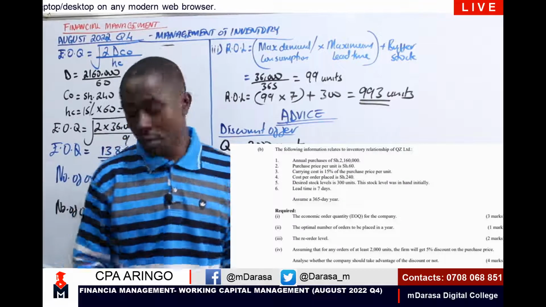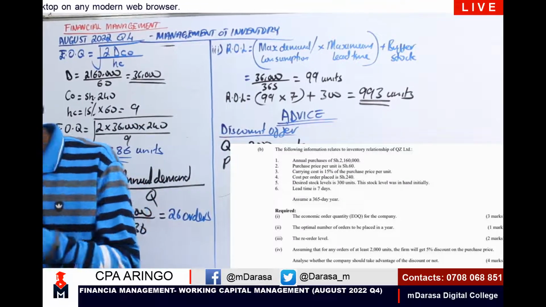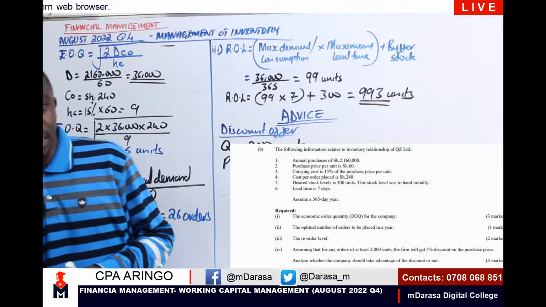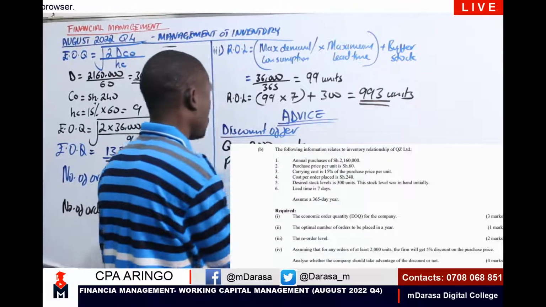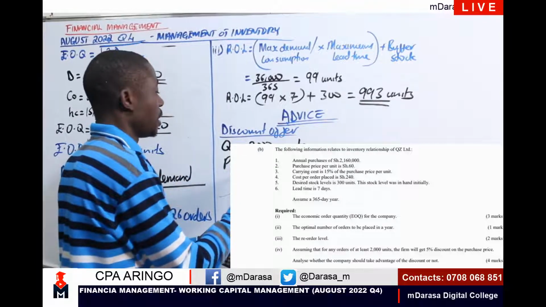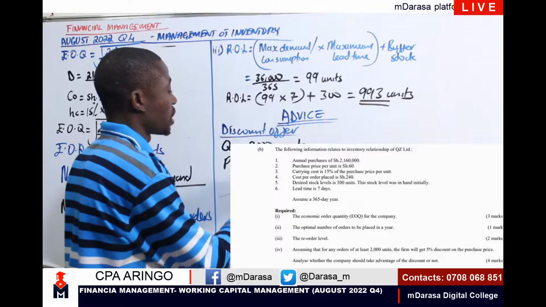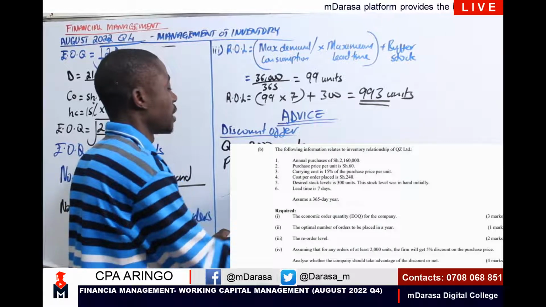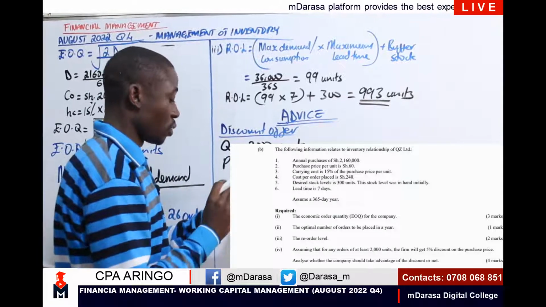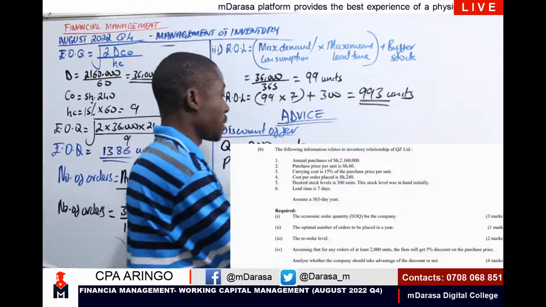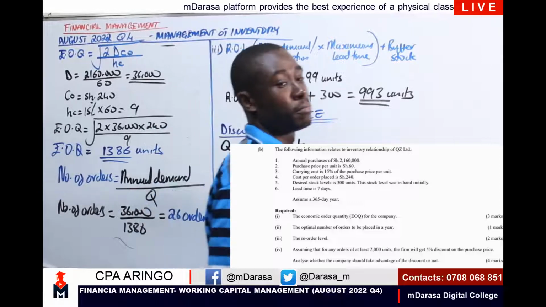I'll be having a discount of 5%. My current purchase price is 60. If I order 2,000 units and above, I'll be having a discount of 5%. So we're talking of 95%. Therefore, I'm talking of 0.95 times 60. This should give us our new purchase price of 57.